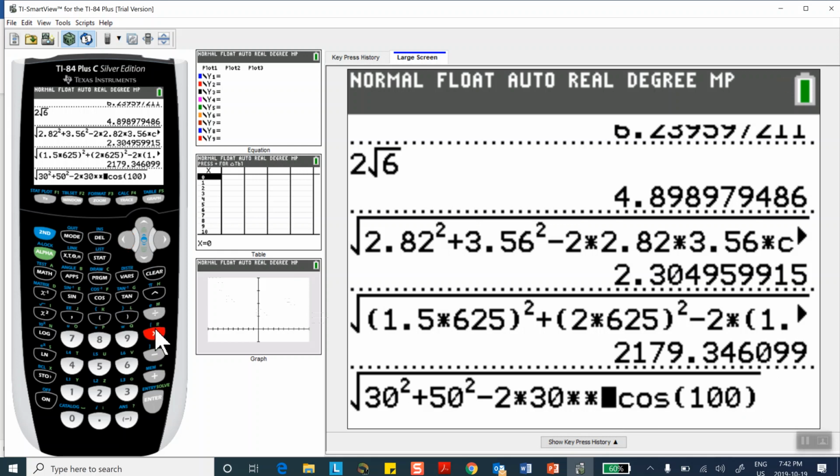Times 50 times cosine of 100, and close it. That's it.